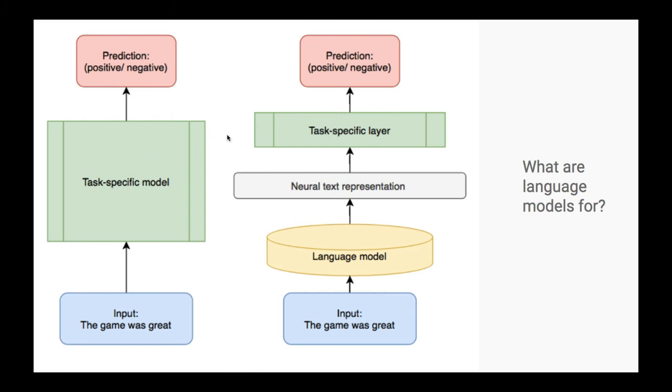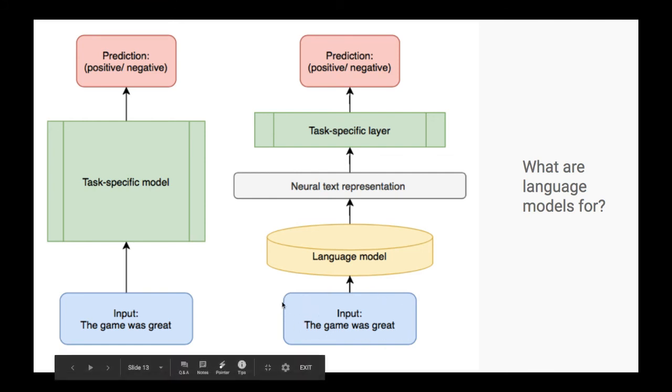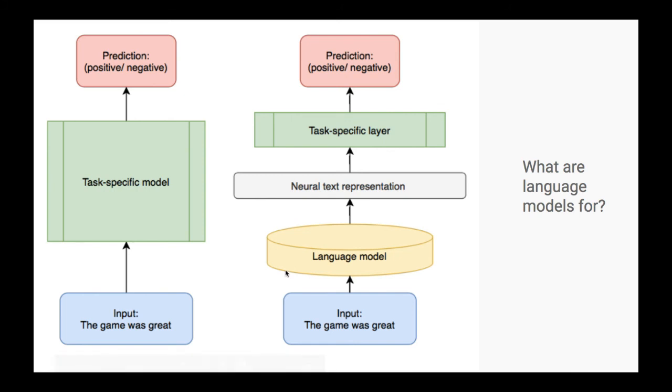If you leverage a language model, the input is still text, but you first pass it through the language model, which calculates a very good text representation of your input. Then you feed that text representation to your task-specific layers or model, and the model can predict the correct answer.